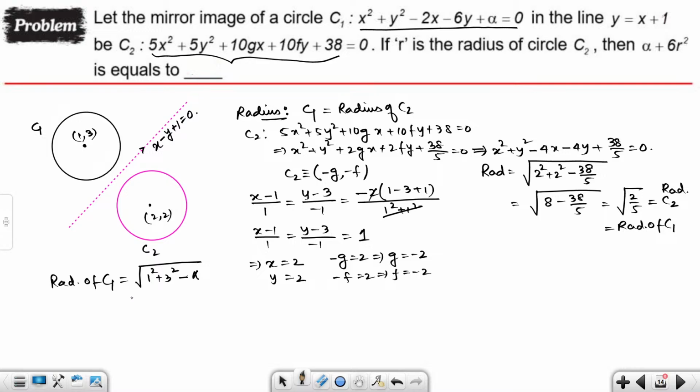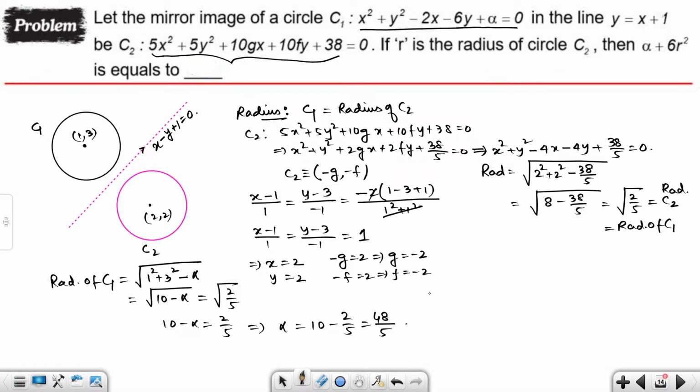Yes? So you are getting under root 10 minus alpha. So this must be equals to root over of 2 over 5. Therefore, 10 minus alpha gives us 2 over 5, implies alpha is 48 over 5. Alpha is 48 over 5.